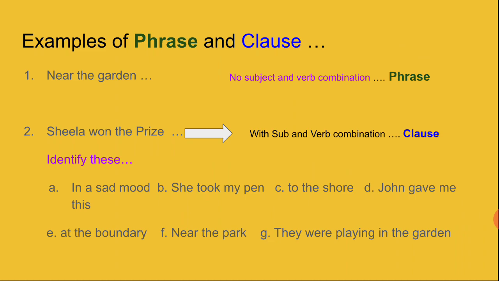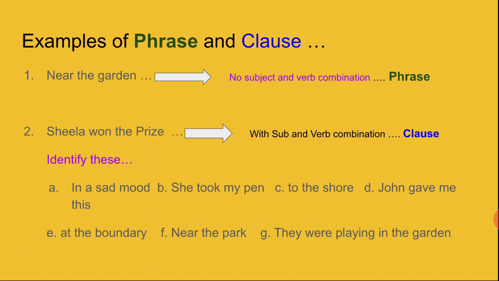Examples of phrase and clause. See, the first one, near the garden. Near the garden. So you can't find any subject and verb there. So near the garden is a group of words, which means it is a phrase. Look at the second sentence.